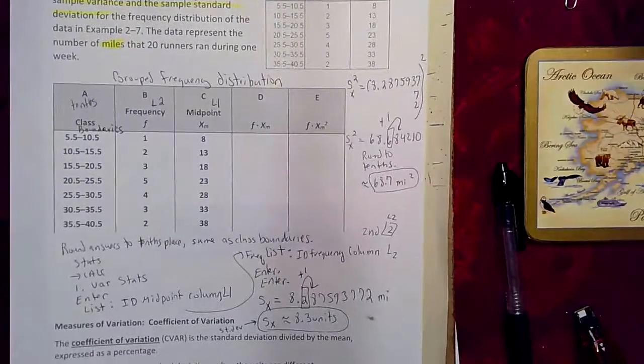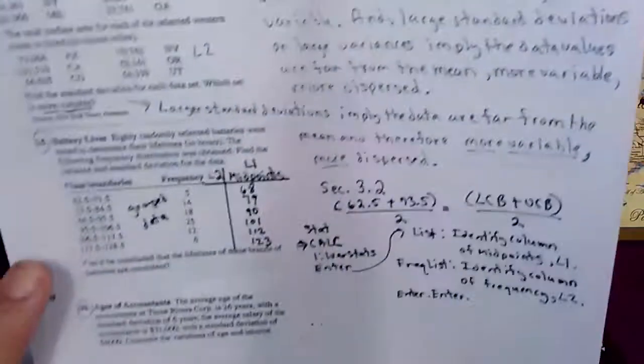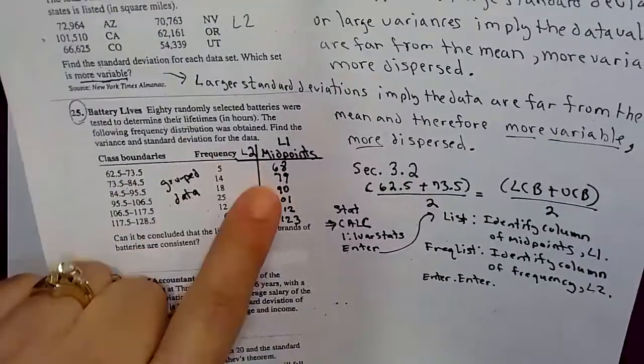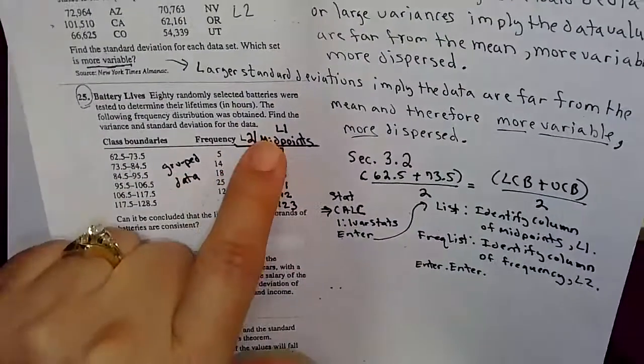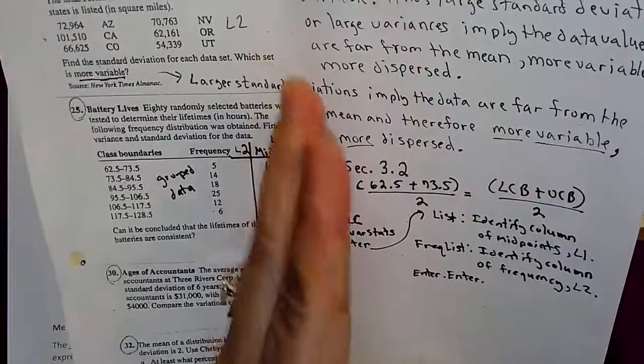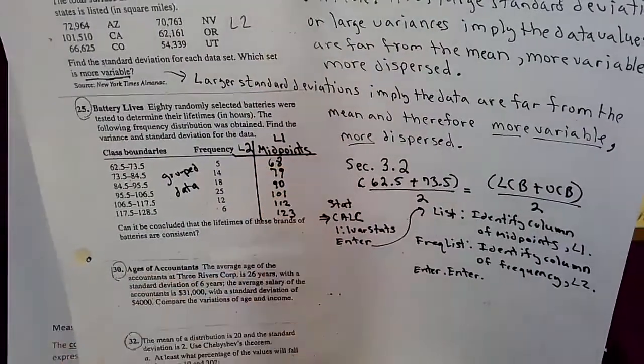Let me see if there's anything I need to ask or add about that. Oh yeah, there is, for a theoretical part, this is like a problem from your ebook. You see this is a group frequency distribution. So here, none of the midpoints were given, only the frequency was given. So then you would have to find the midpoints by hand.